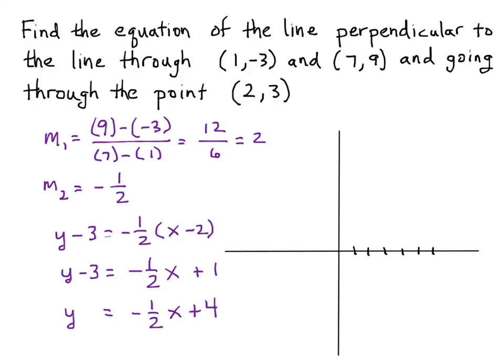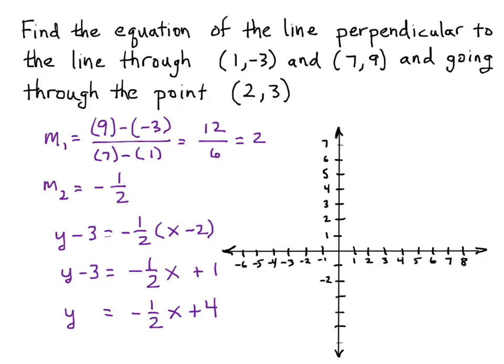So let me draw a picture of it. If we make our axes, and I'll start with just a couple points because I don't know the equation of the line. So I have my 2 points. You can see them here, which is the 1, -3, and then the one up a little higher, up there. And so I'm going to take a straight edge and draw a line through it. And there's the line. And then for the perpendicular, this is the point that I want to go through, right?